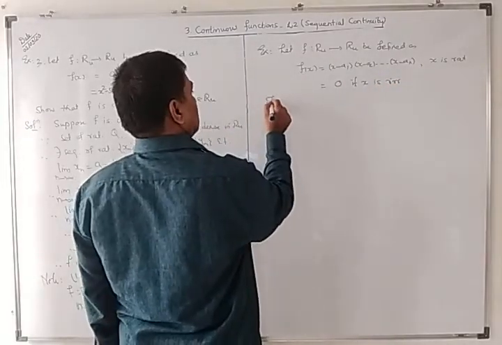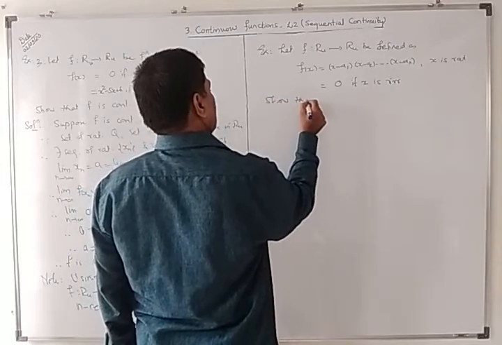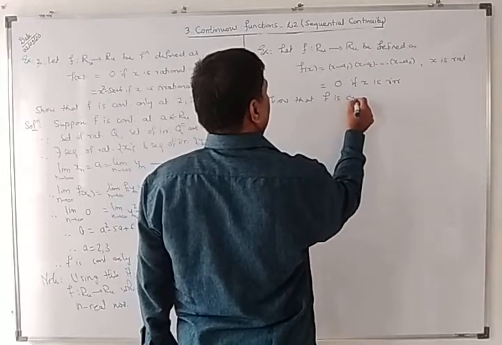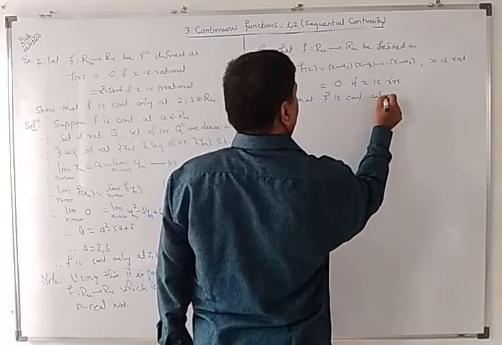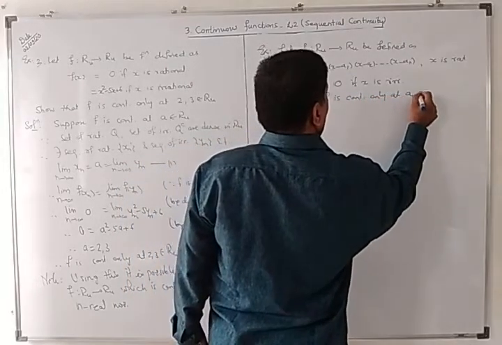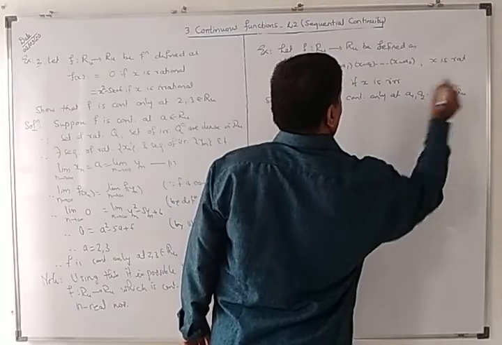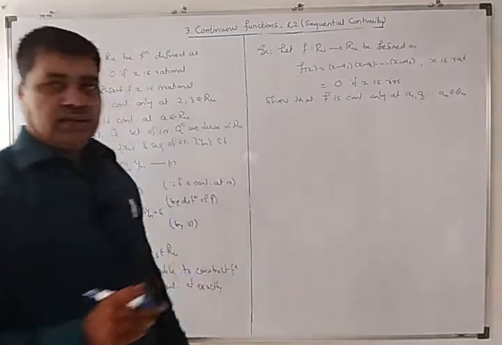So that it is continuous only at a1, a2, dotted up to an belonging to R. a1, a2, up to an are real numbers.